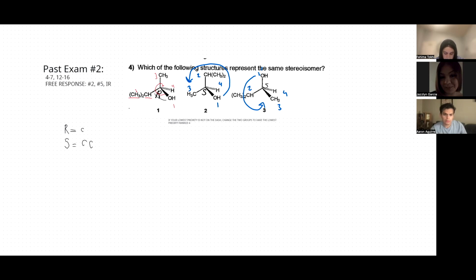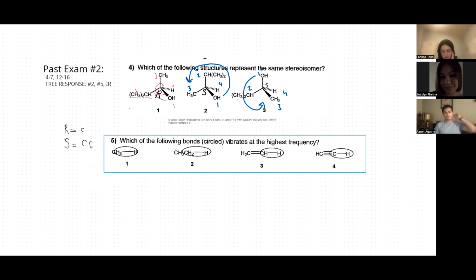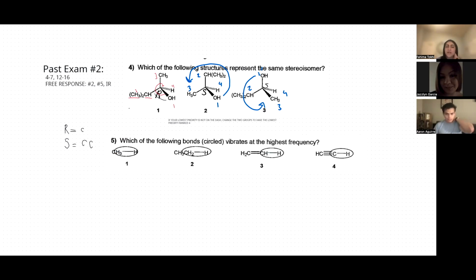Number 5. Which of the following bonds circled vibrates at the highest frequency? Highest frequency is going to be the group closest to the 4,000 range, right? Mm-hmm. So I look at the furthest right.